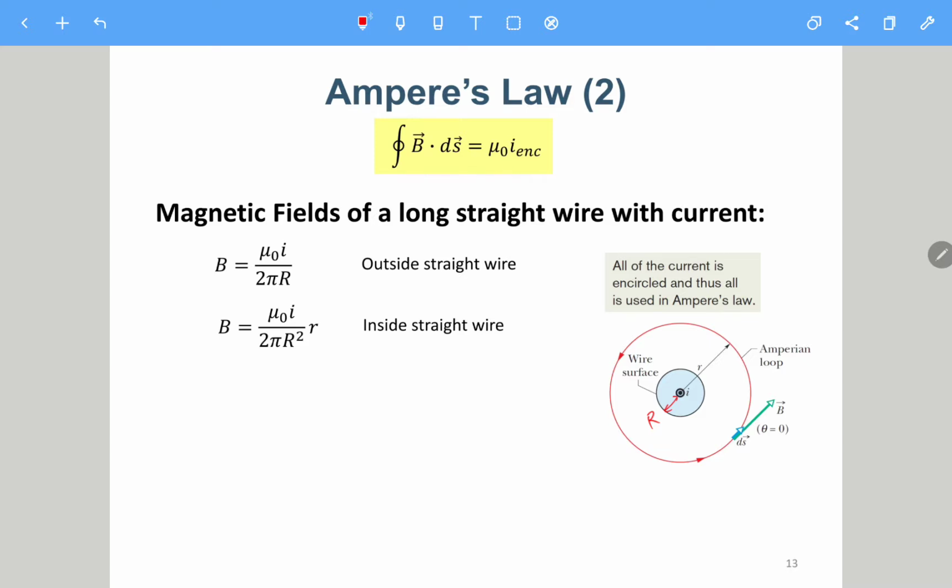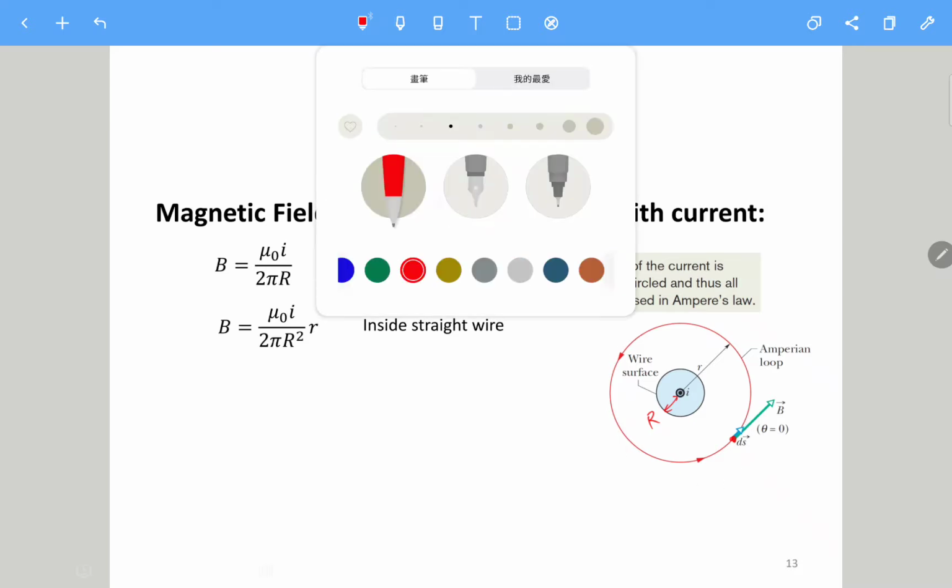Suppose we consider the point here, where the radius from the center of this wire to here is small r, and then we define the Ampere loop like this.